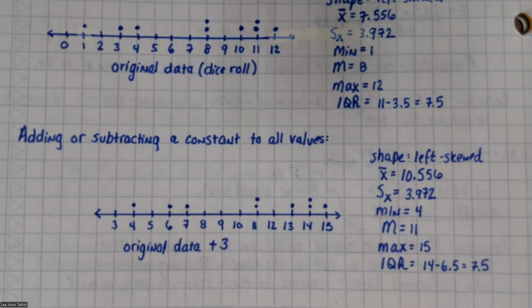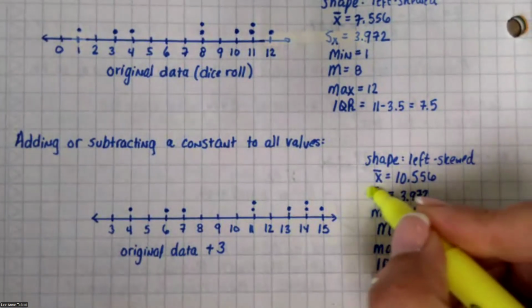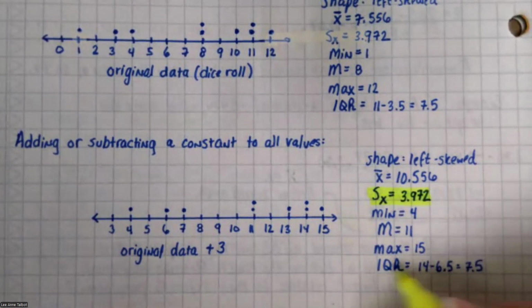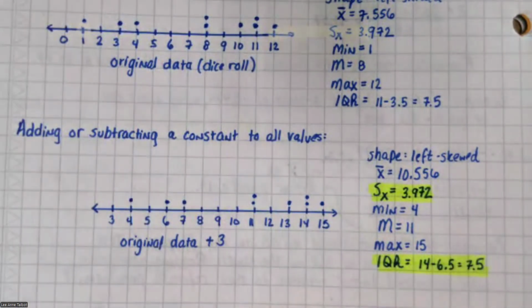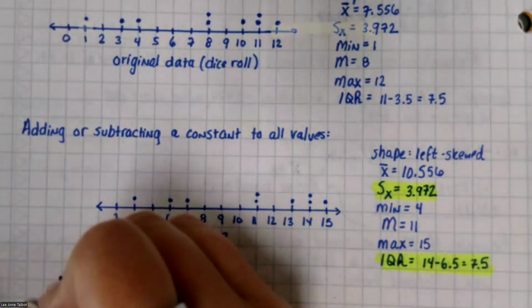So we're going to write underneath. First thing, if you want to highlight something or put a box around something, those are the two things that were not affected by the plus 3.